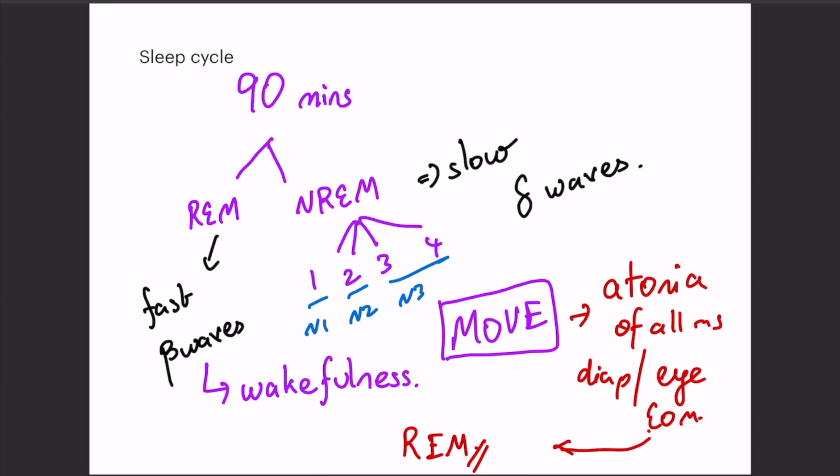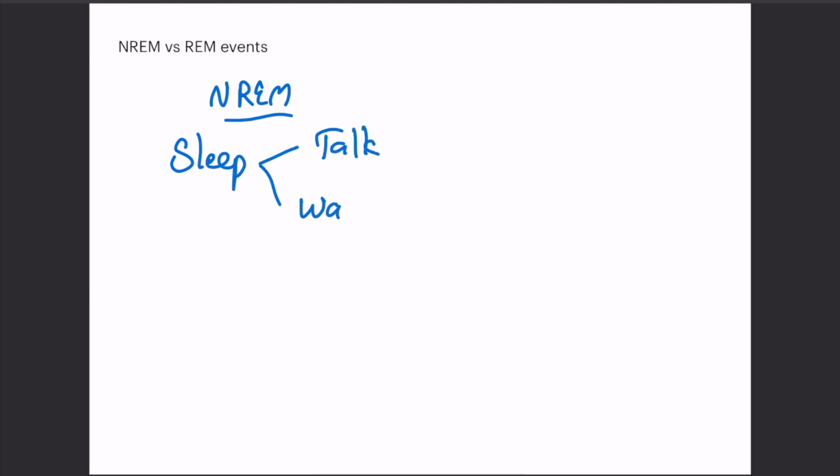So just remember the important points: REM sleep, beta waves, all muscles undergo atonia. NREM sleep, delta waves, 4 or 3 stages based on the questions they ask. And all the events happen during NREM sleep only, such as sleep talking, sleepwalking, which is somnambulism, and then teeth grinding in sleep.